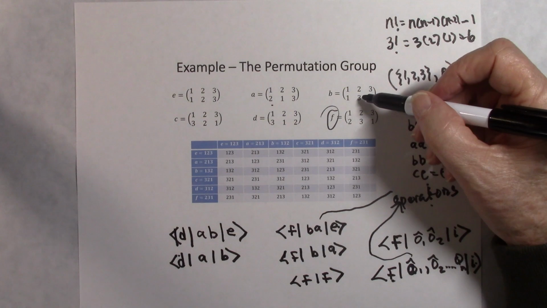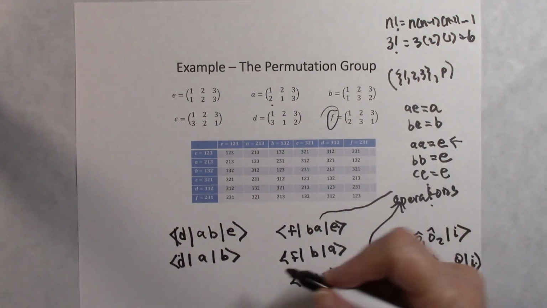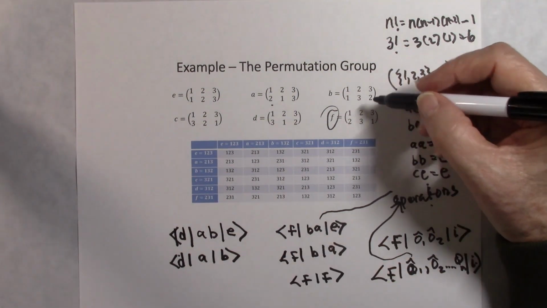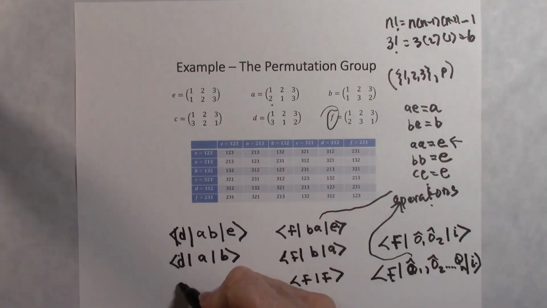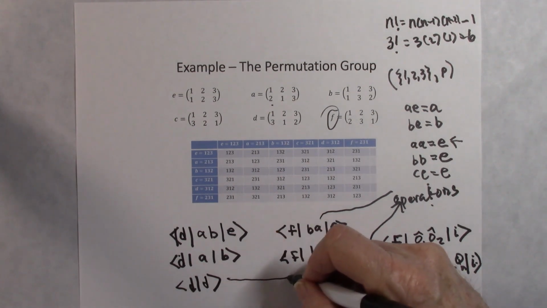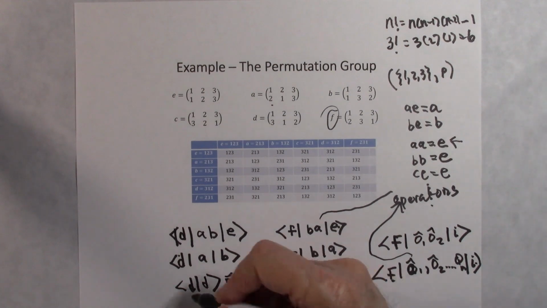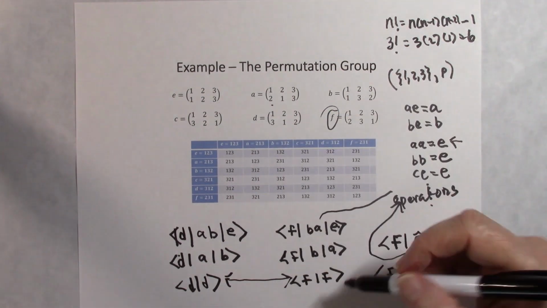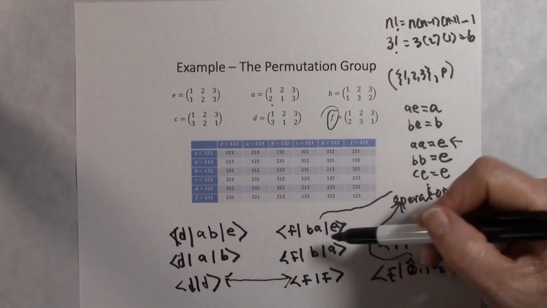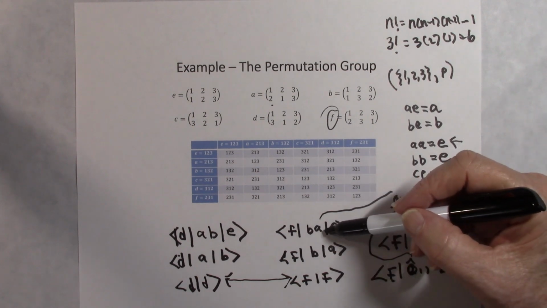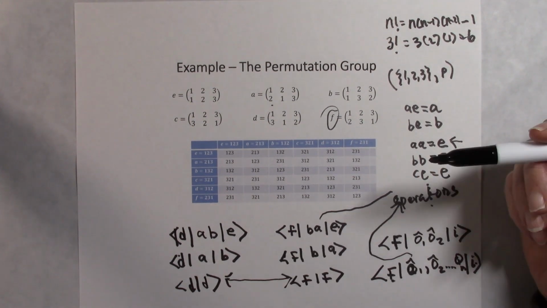So we're going to have to switch 3 and 1. So we're going to get 3, 1, 2. But 3, 1, 2 is D. We would have D. And so you can see that we reach a final state there, and that sort of looks like that, except our final state was D instead of F. And all we did was switch around the order in which the operators operate.